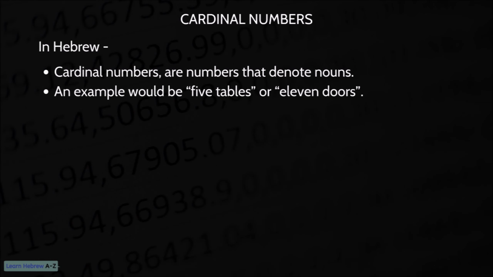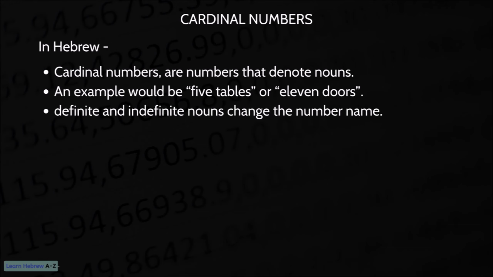In addition to the above, like nouns, cardinal numbers also have the construct form and the separate form. A simple example would be seven tables for the separate form and the seven tables for the construct form.